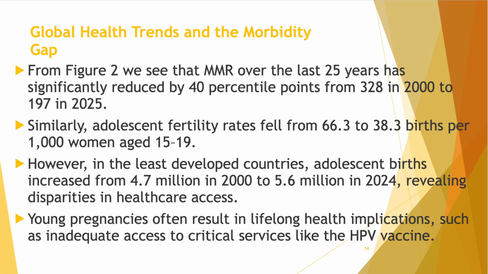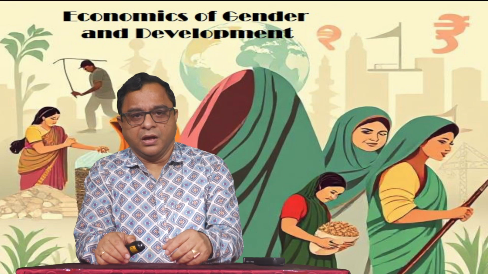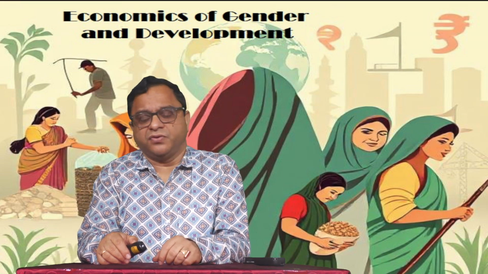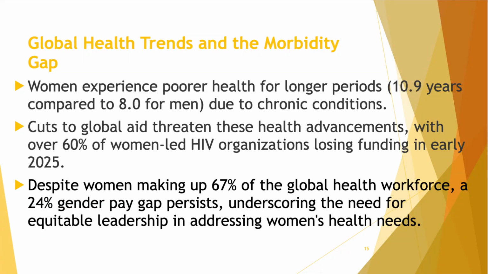However, in the least developed countries, adolescent births increased from 4.7 million in 2000 to 5.6 million in 2024, revealing disparities in healthcare access. And young pregnancies often result in lifelong health implications, such as inadequate access to critical services like the HPV vaccine. And women experience poorer health for longer periods, just like we mentioned, from 10 to 9 years compared to 8, due to chronic conditions.